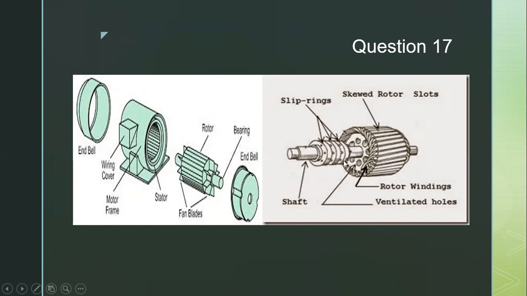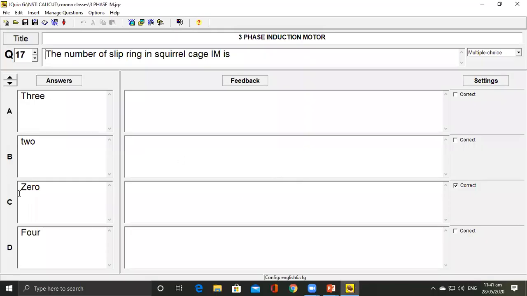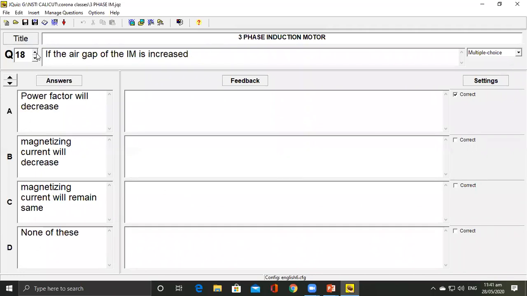In the slip ring induction motor, there are 3 slip rings in order to connect the external resistance to the motor. In the squirrel cage induction motor, there is no slip ring. So our answer is option C, 0. There is no slip ring in the squirrel cage induction motor.